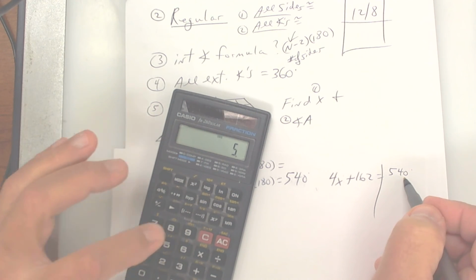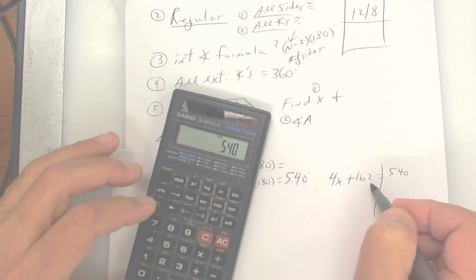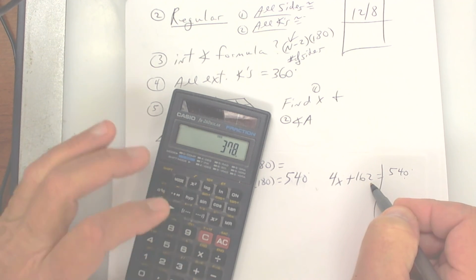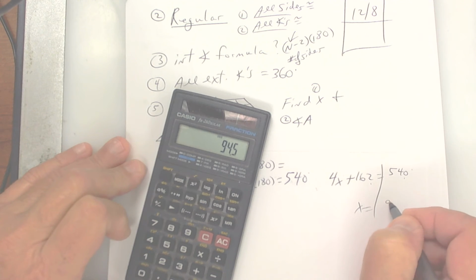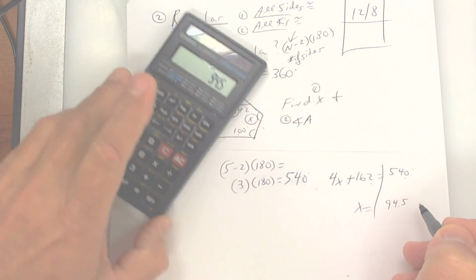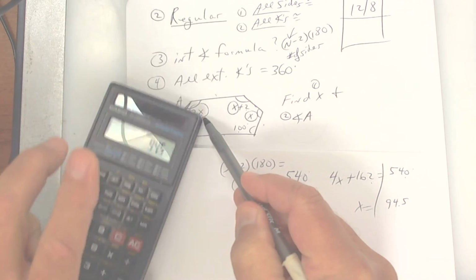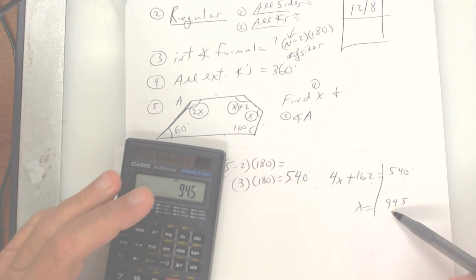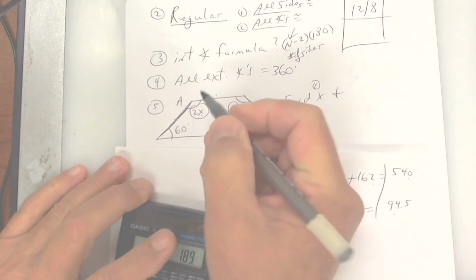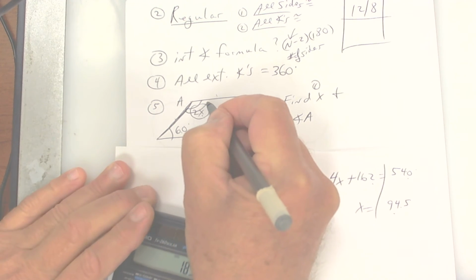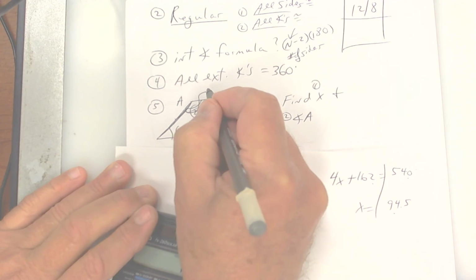So we're going to take 540 minus 162, press equals, and then divide by 4. And I get x equals 94.5. And they want to know angle A, so you got to multiply by 2. So times 2, press equals. And I get 189. So angle A is 189 degrees.